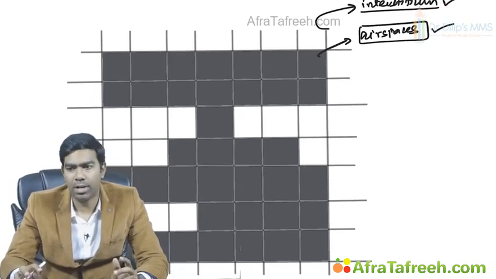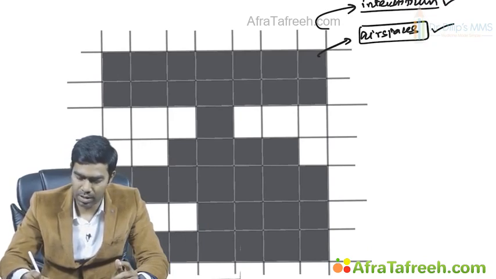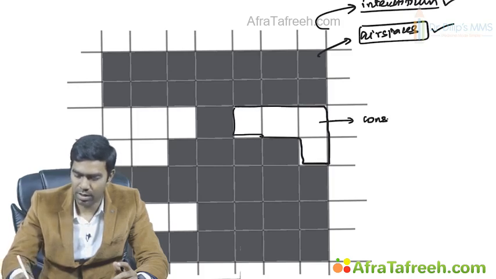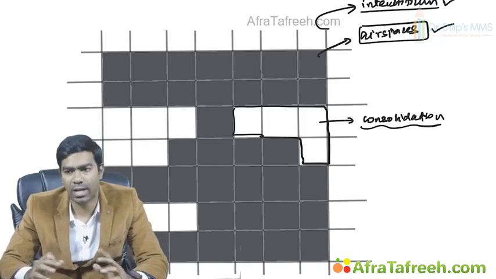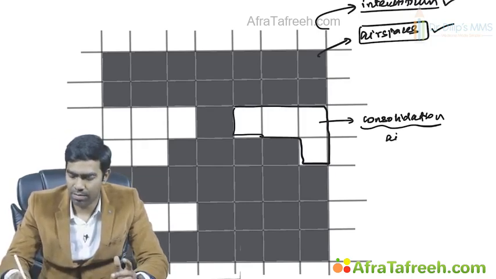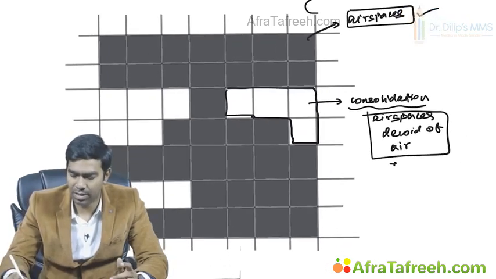So what do you mean by a consolidation? These particular areas which are not shaded at all, I can call them consolidation, because here the air from the airways, the air from the air spaces, is completely displaced, and you are getting some other substance instead.